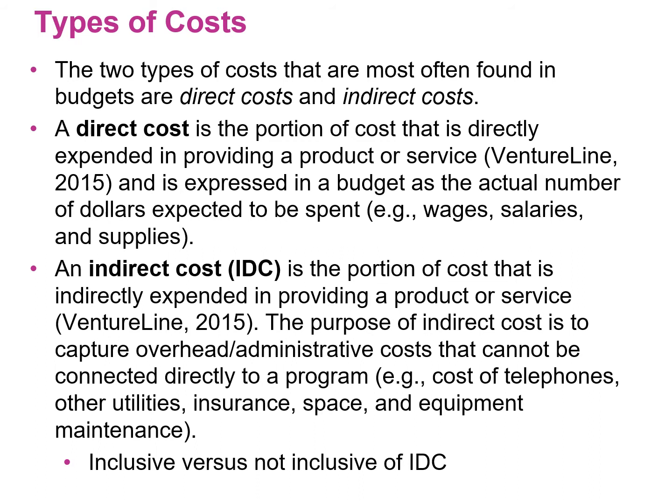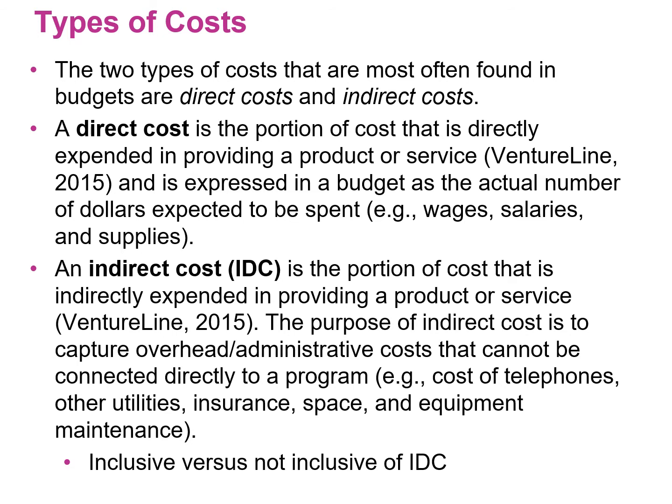What we really like, and this is true for NIH grants, is when the IDC is not included in the program cost that you see in your overall budget. So for example, say I'm looking at an NIH grant for $150,000, but IDC is not included. That means my direct cost is $150,000.